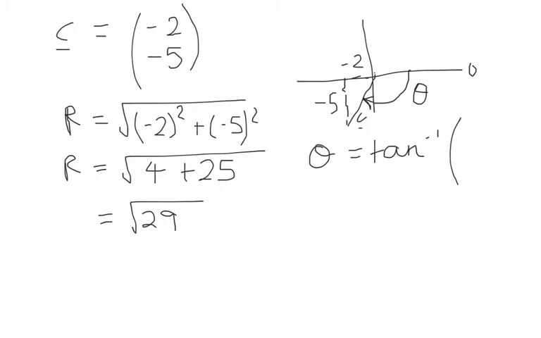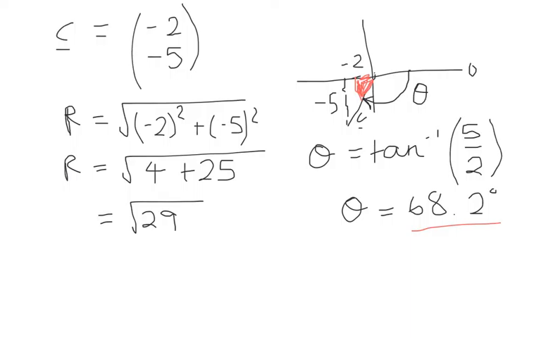Just put the positive values, 5/2 for y over x. And that gives us 68.2 degrees. But this 68.2 is the size of this angle in red. So we really need this blue part here.